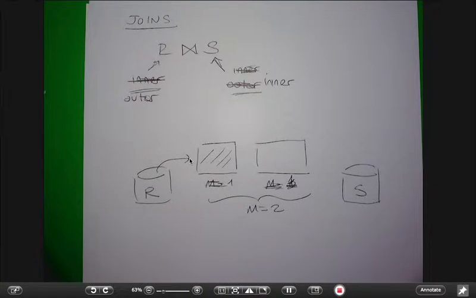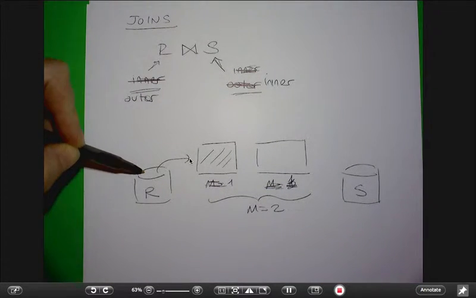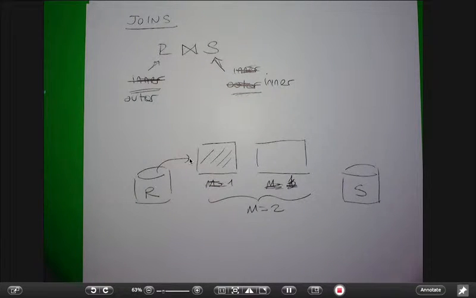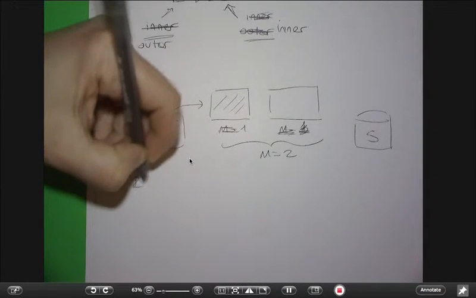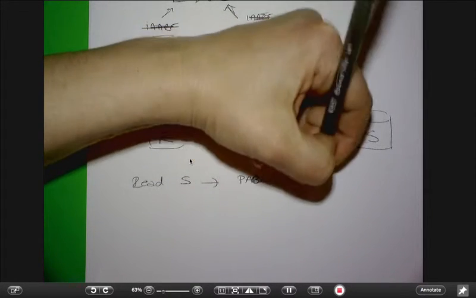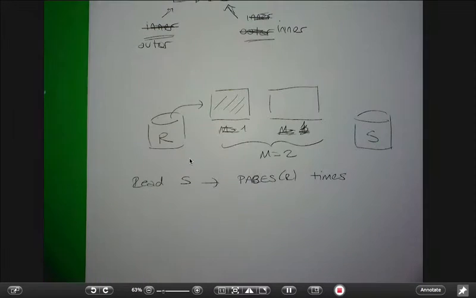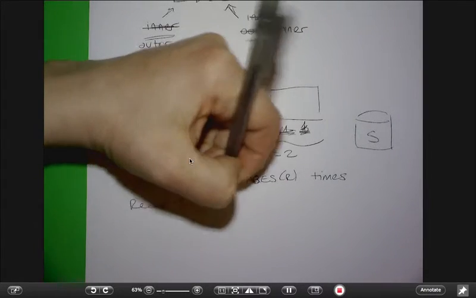So basically, I read one page of R, I read all of S once, and I keep reading all of S as many times as there are number of pages in R. So basically, I read S pages R times, whereas I read R only once.